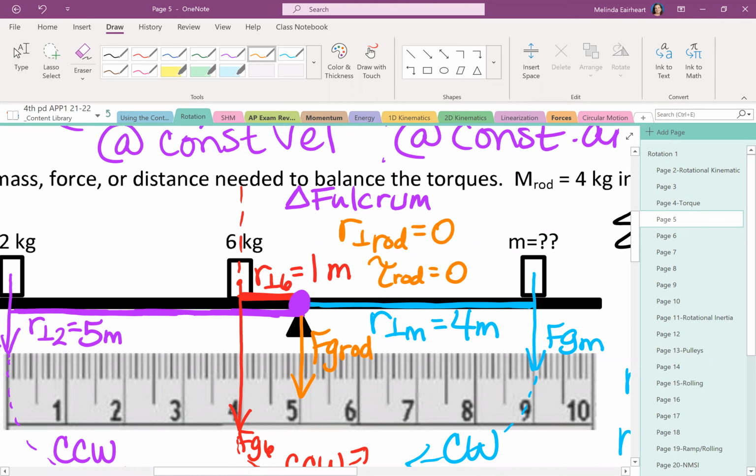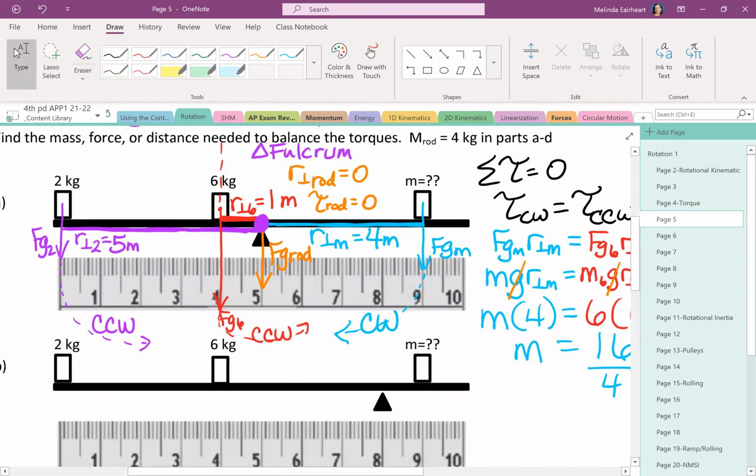But watch out, part B. Where's the fulcrum? Is it at the rod's center of mass? No. Doesn't the rod itself have a lever arm now? Now, true story, if you're like, but do you have to do the left side and the right side separately? You can.